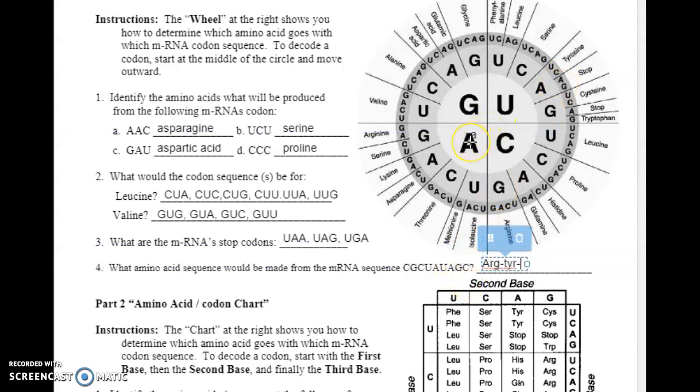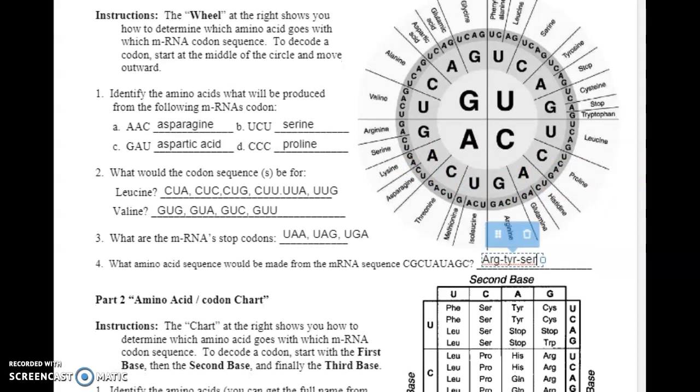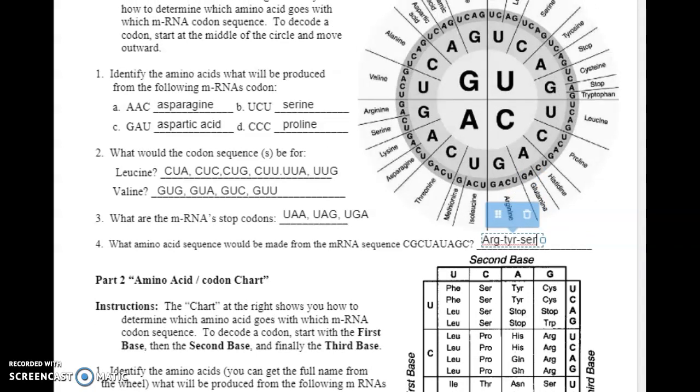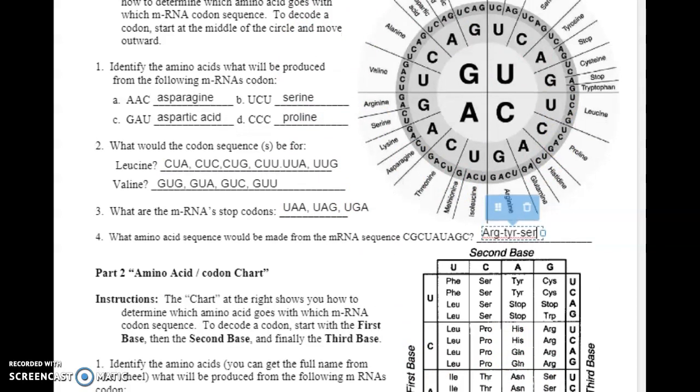So go to A, go to G, go to C, and that's serine. And those amino acids are held together by peptide bonds. Get a bunch of them together, it makes a polypeptide. So that's the wheel. Some people think the wheel is easier to use. Some people still prefer the table down here.